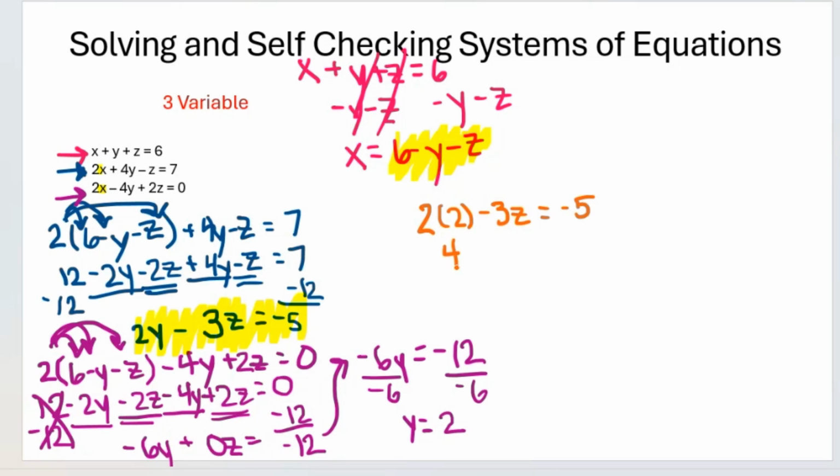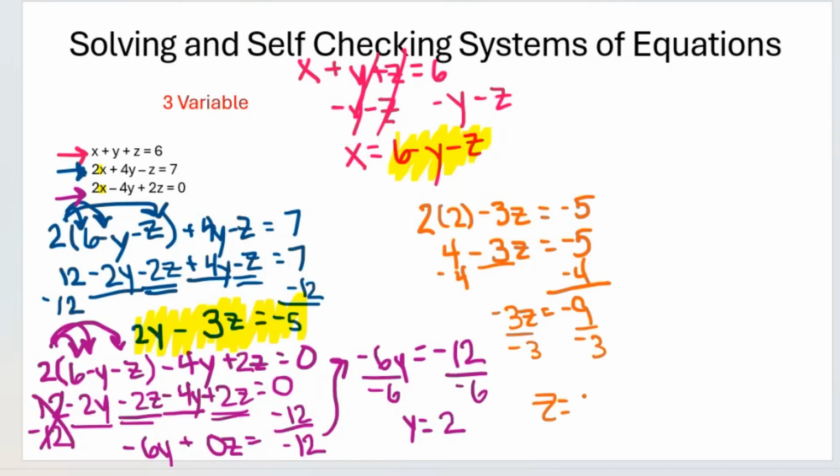I have 4 minus 3z equals negative 5. I'll subtract this 4, subtract this 4, negative 9. Bring down, remember, take that sign with it, negative 3z equals negative 9, divide by negative 3. And I get that z equals 3.